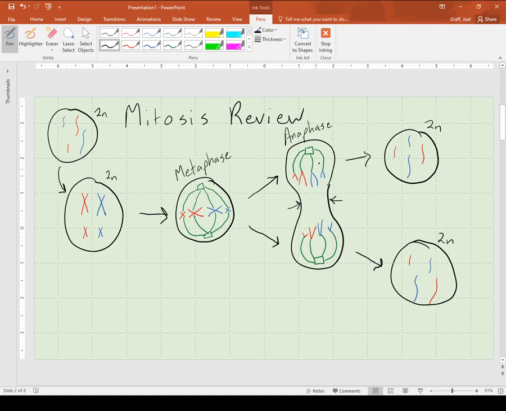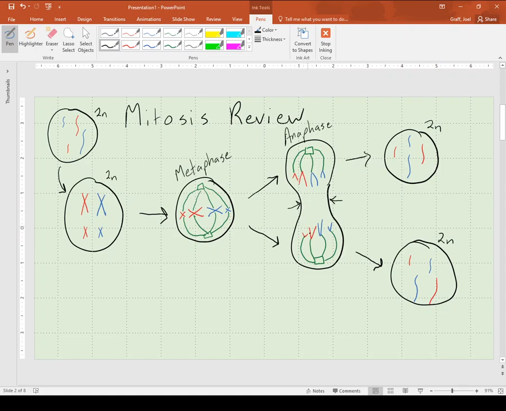Once you get rid of the microtubules, and we just didn't bother drawing the centrioles in this final step, we end up with 2 cells that have 2 of the long chromosome, so a homologous pair of the long chromosome and a homologous pair of the short chromosome. The same thing's true down here, and those look exactly like what we started with. So we started with a cell that was 2N, and we ended up with a couple cells that are 2N.